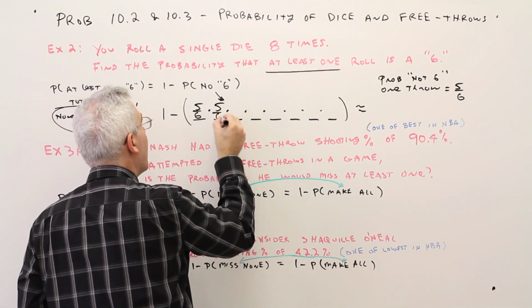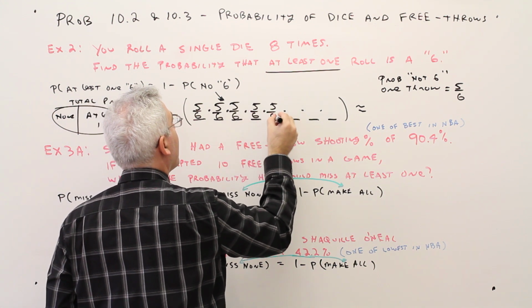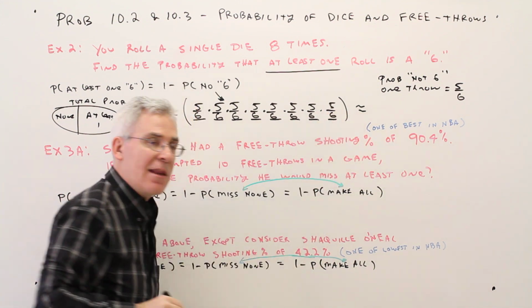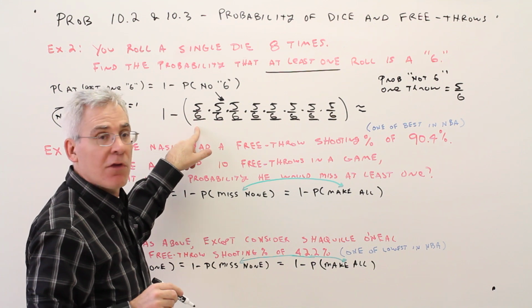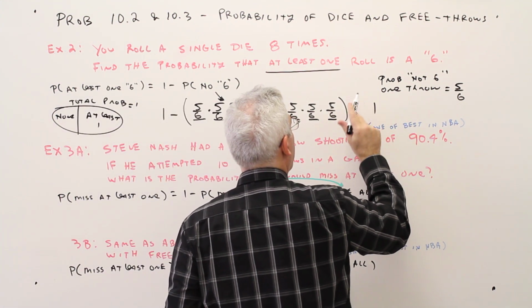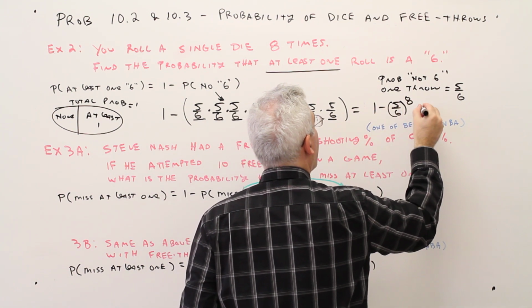The second roll, 5 out of 6, etc. An easier way to represent that would have been just 1 minus 5/6 raised to the 8th power. So that equals 1 minus 5/6 raised to the 8th power.